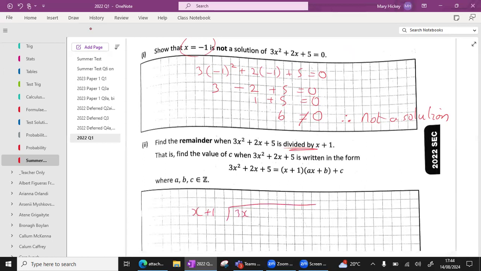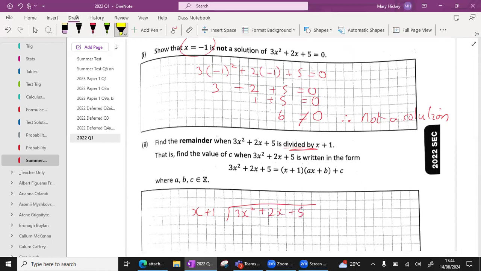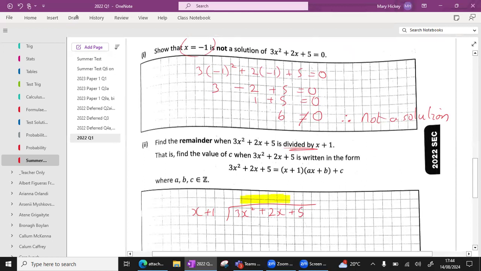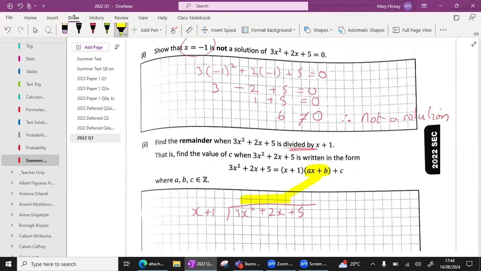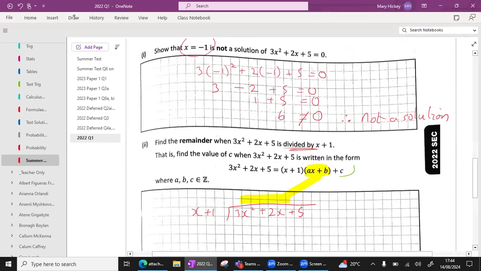When we're done, we're supposed to get something up here. Whatever's in yellow becomes the ax plus b, and the remainder is going to be the c.